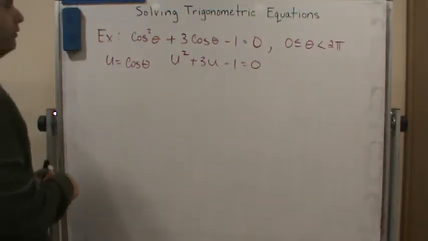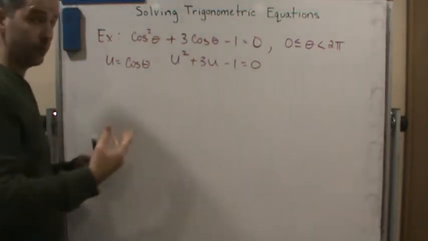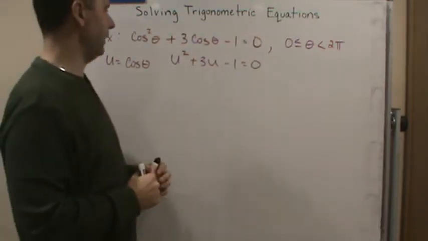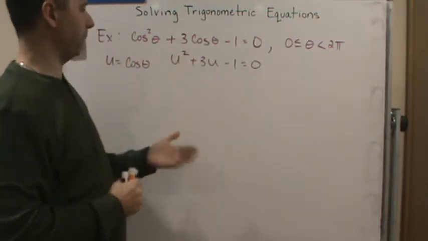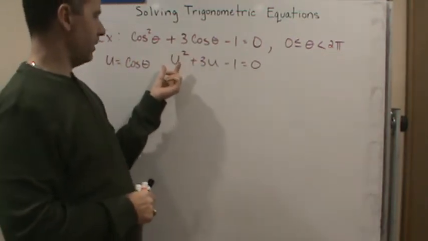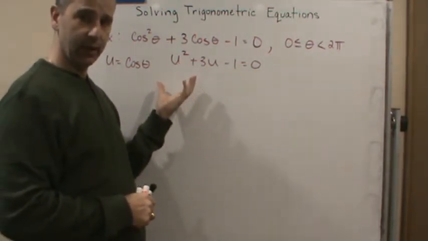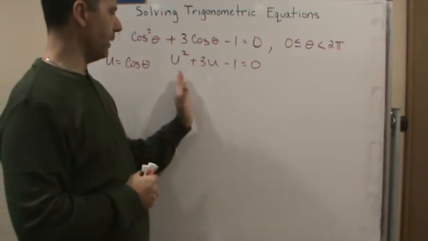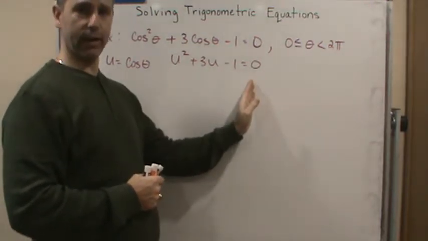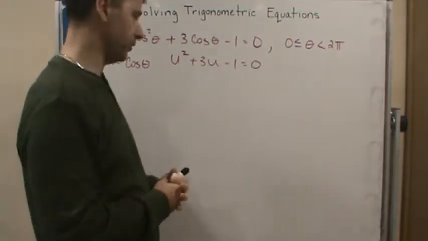A lot of times, if you can deal with this without the u substitution, fine. But a lot of times students get confused like, okay, how do I deal with this? I've got the cosine theta, and so on. Just to simplify things, do a u substitution. Now you can just focus on a quadratic equation that you should know how to factor.